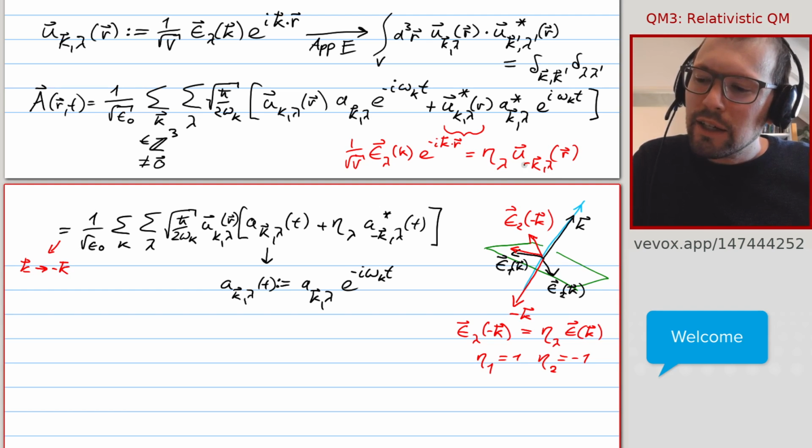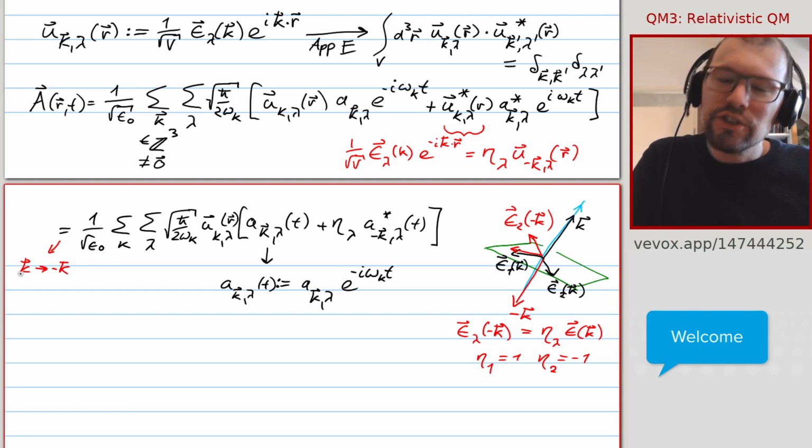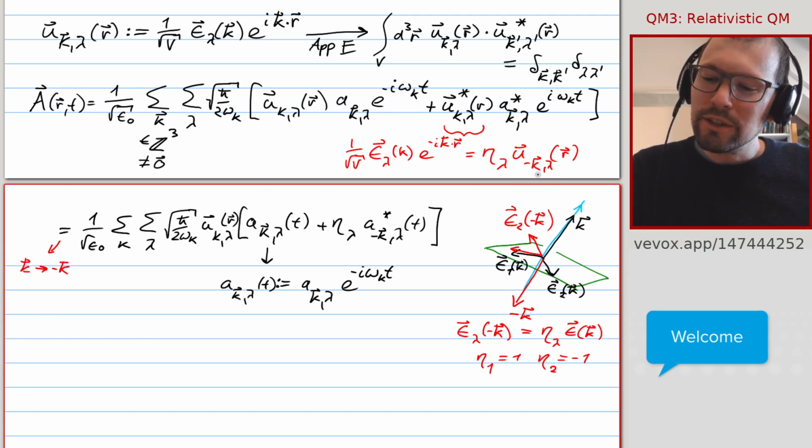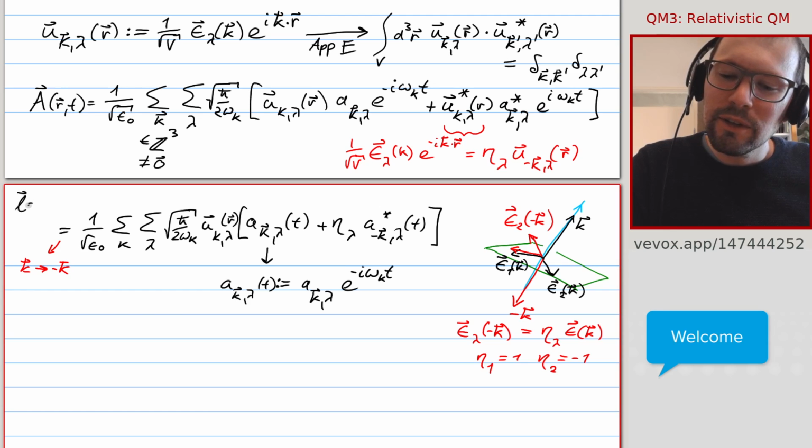So what I'm doing is a reparameterization from k to minus k. Probably I should have done an additional substep where I introduce a parameter l equals minus k.